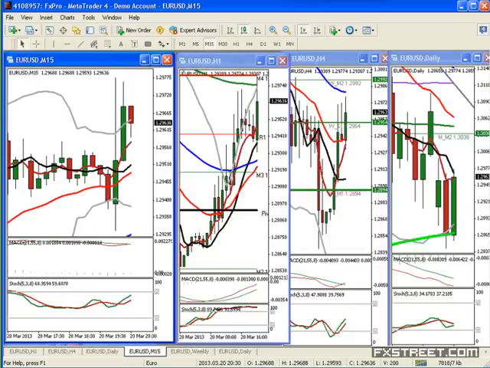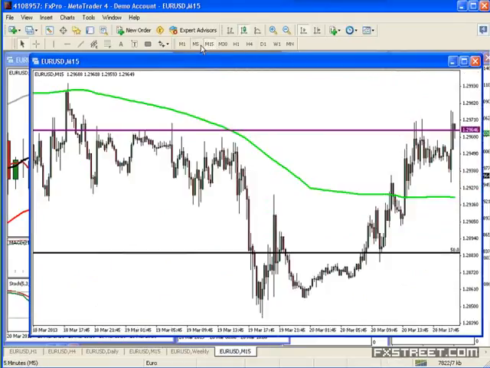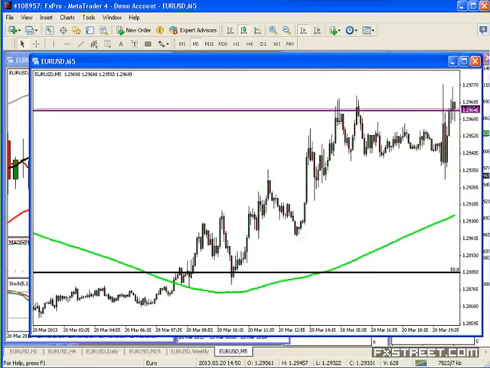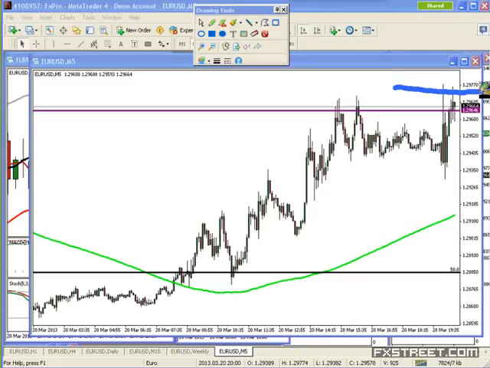So if you look at the Euro USD, I mentioned the early moves in response to the FOMC release. Go back to the 15-minute chart. What was I looking at? A 5-minute chart? I was actually looking at a 5-minute chart on another chart. But again, just to sum it up, there's our trading range.